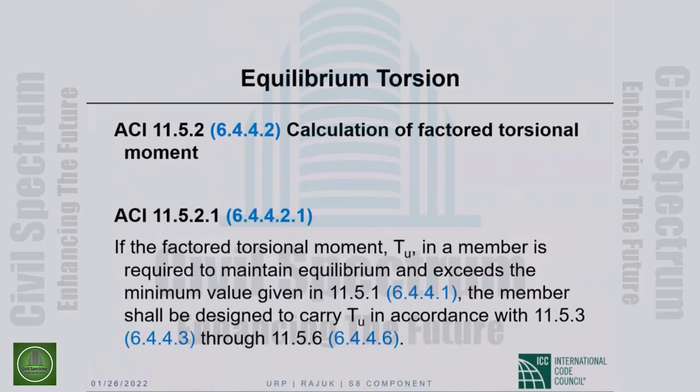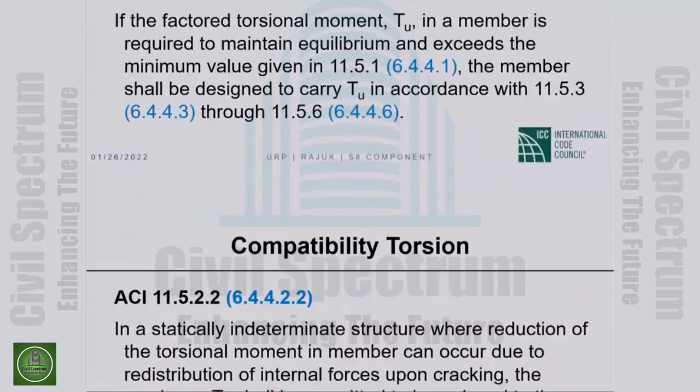Okay, if the factored torsional moment T sub u, this is the required strength, this is the applied torsion, is required to maintain equilibrium and exceeds the minimum value, the threshold torque, the member shall be designed to carry T sub u in accordance with section such and such.